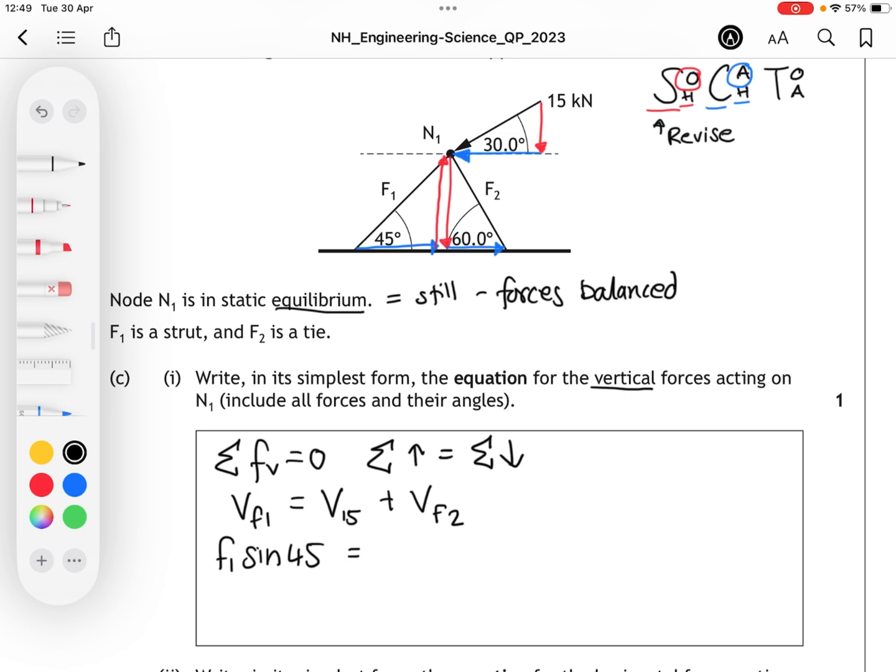My vertical component of my 15 kilonewton force is going to be 15 sine 30, and that is going to be added to my vertical component of my F2 force, which is going to be F2 sine 60. If you write that in a different order, that's totally fine, as long as you get your pluses and minuses the right way.